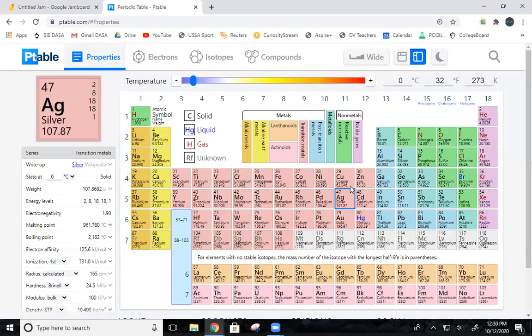So the trends are, if they are right next to each other, most likely it's going to be a substitutional alloy. If you're doing something like yttrium and zinc, that's going to be an interstitial alloy.